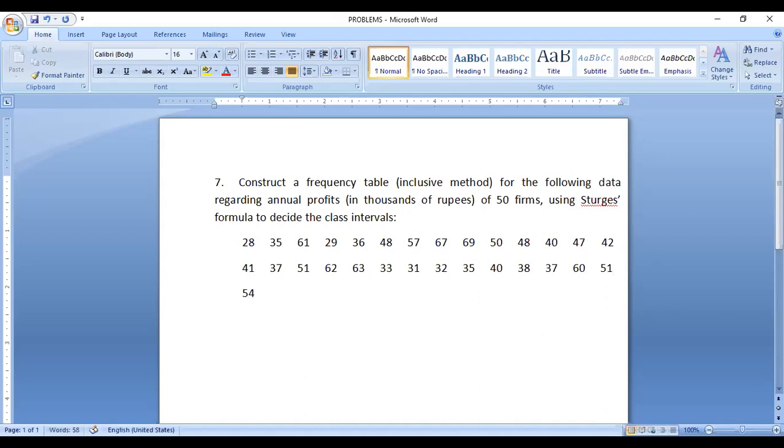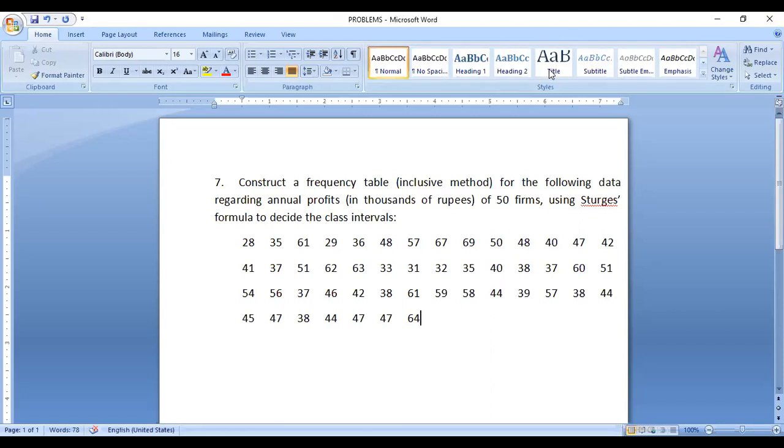Next 54, 56, 37, 46, 42, 38, 61, 59, 58, 44, 39, 57, 38, 44, 45, 47, 38, 44, 47, 47, 64. This is the problem given.